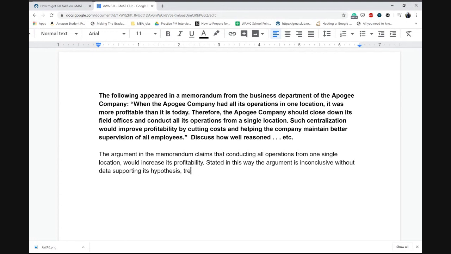Tends to manipulate facts to present a distorted view of the reality, and also is a leap of faith reasoning without clear outcomes.